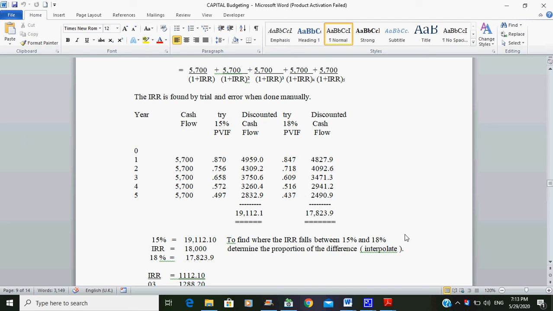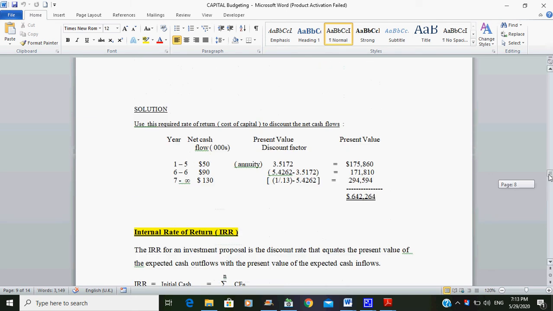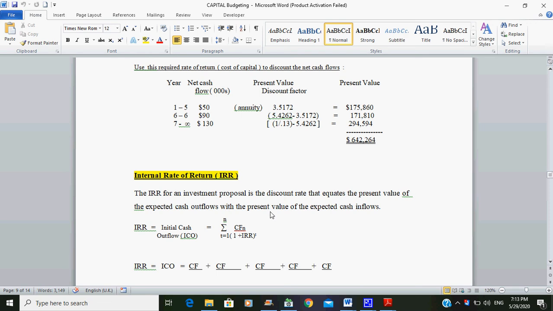And why would you do that, by the way? Remember that IRR is supposed to be equal to 18,000. Let's go again. The IRR for an investment proposal is a discount rate that equates the present value of the expected cash outflows.